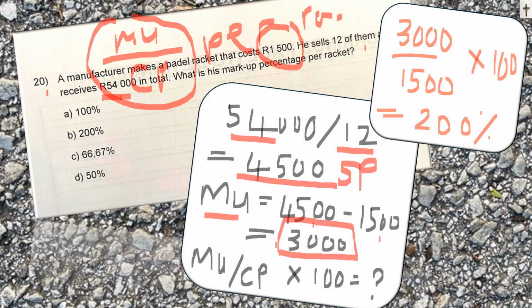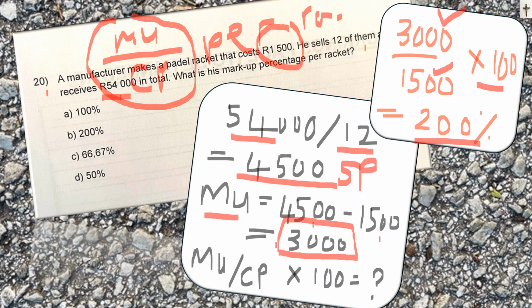And the formula is markup, which now we've calculated is 3,000, divided by the cost price, which is given to us in the little story, 1,500, multiplied by 100 is equal to 200%.